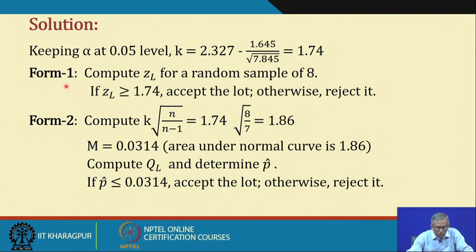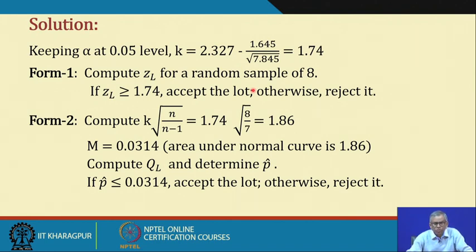Now, if you use form 1, what do you do? First you compute ZL for a random sample of 8. How do you compute ZL? That is basically x bar minus L, where capital L is the lower specification limit, divided by sigma. The value of sigma is already given.